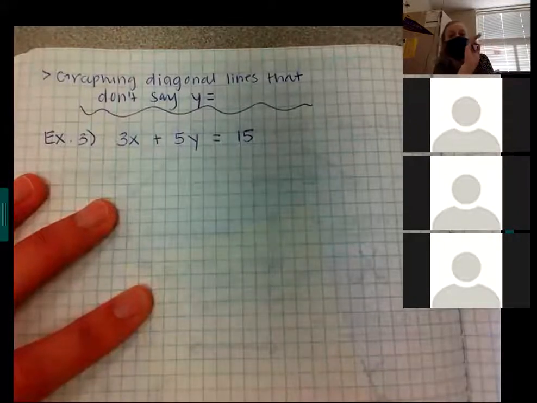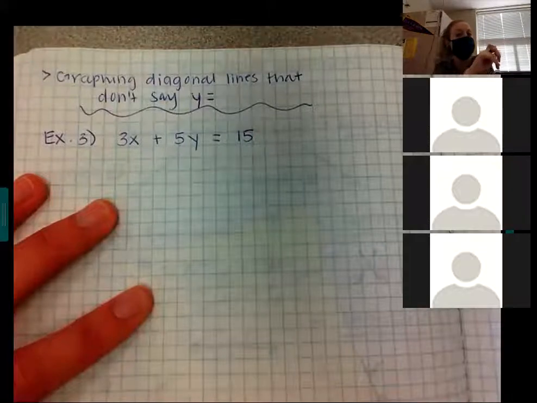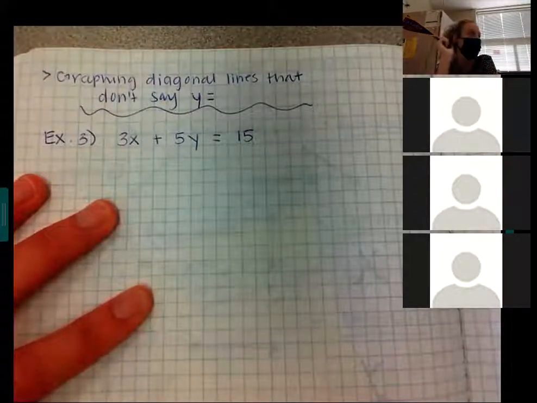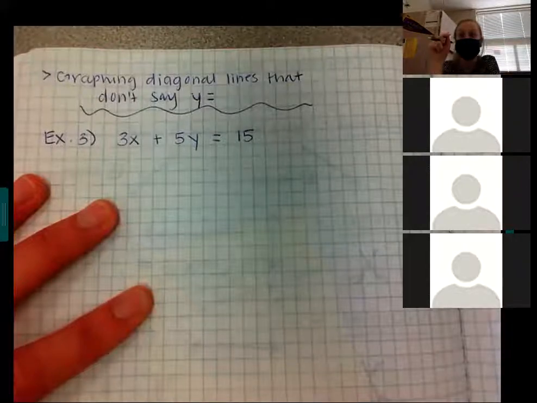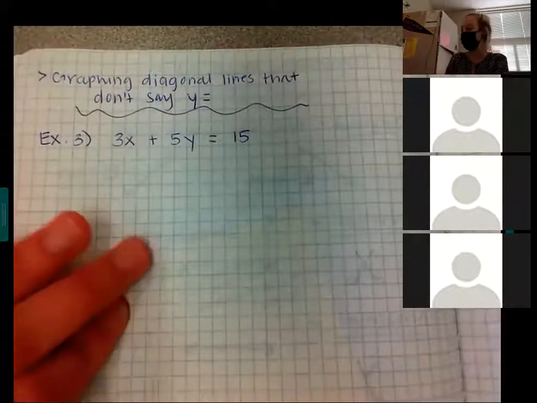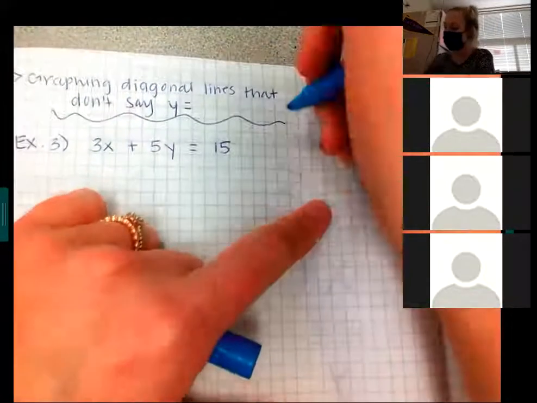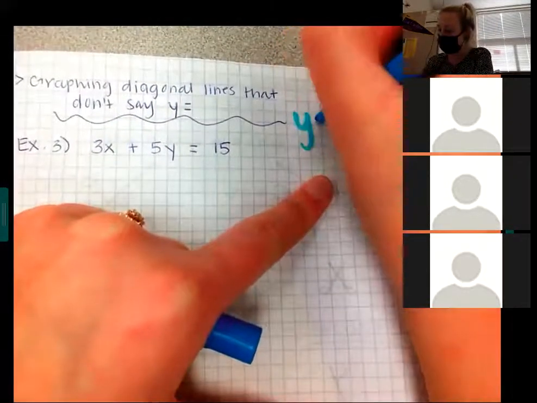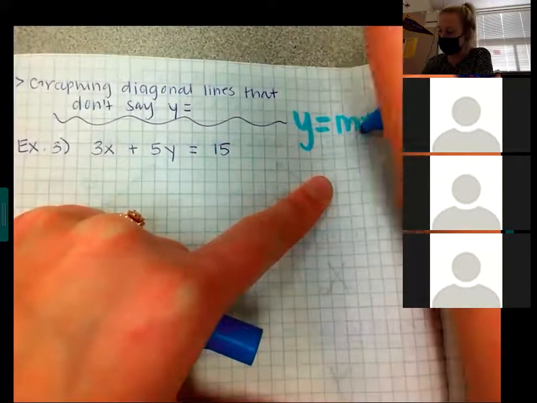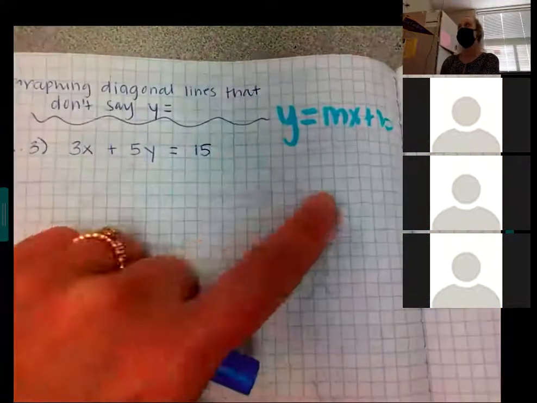Yesterday, I told y'all equations of lines have to look like what before we can graph them? Y equals mx plus b. Yes, good, Gwyneth. Y'all, if you don't remember this, we're going to be at a loss today. Y equals mx plus b.